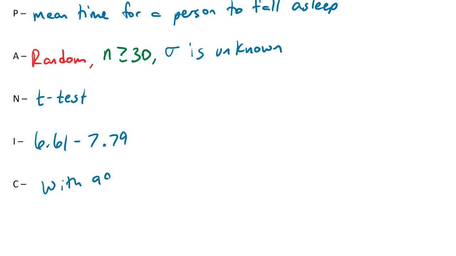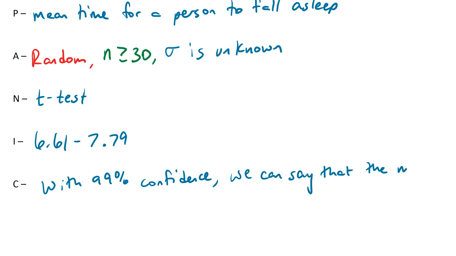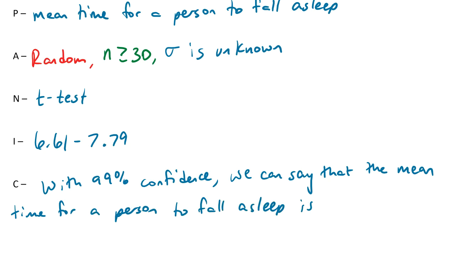So it's going to be with 99% confidence, we can say that the mean time for a person to fall asleep is between 6.61 and 7.79 minutes.